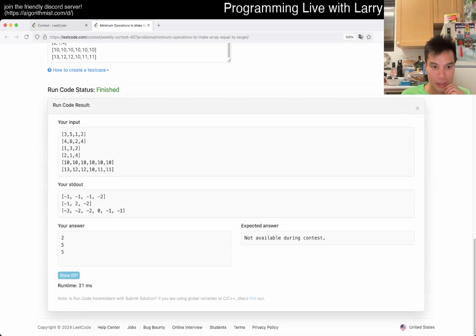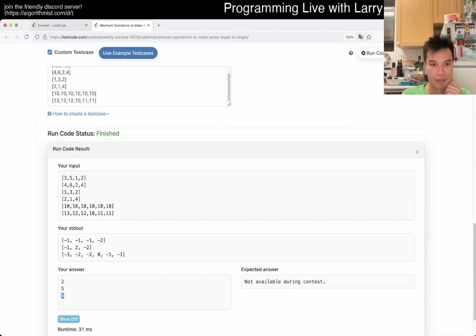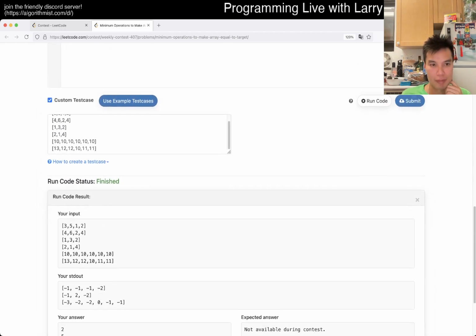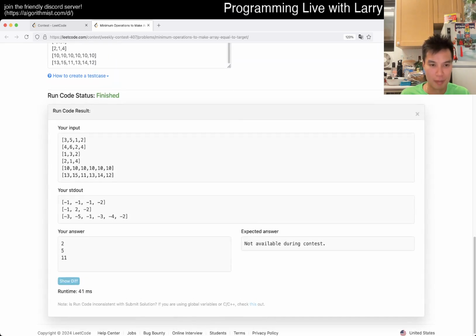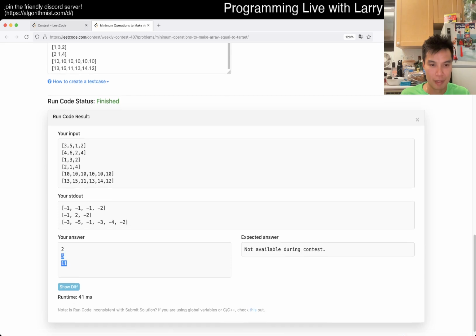So, okay. So this gives me 5. Is that right? No, I think this is 5, 1, 13, either 14 and 12 or something like this. So the answer should be, I don't know.